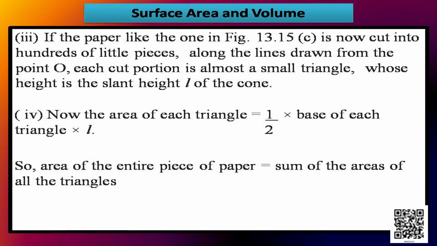If the paper like the cone in figure 13.15 C is now cut into hundreds of little pieces along the lines drawn from the point O, each cut portion is almost a small triangle whose height is the slant height l of the cone. Students, now the area of each triangle is half into base into height, which is nothing but l in this case.